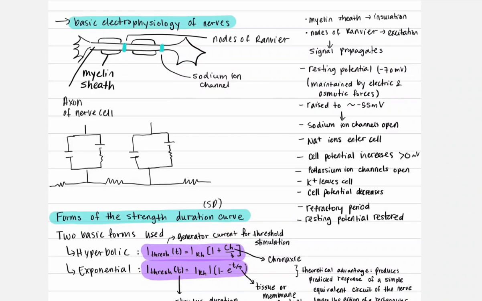So the myelin sheath is there for insulation. The nodes of Ranvier are where excitation occurs, or where the excitation is propagated from the different ends of the neuron to different neurons. And so the signal is propagated from these different nodes.